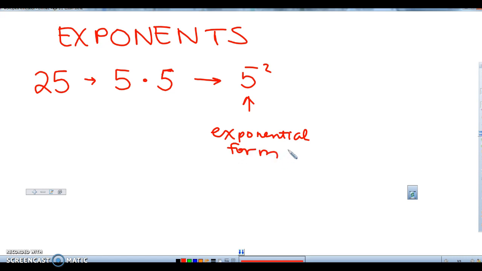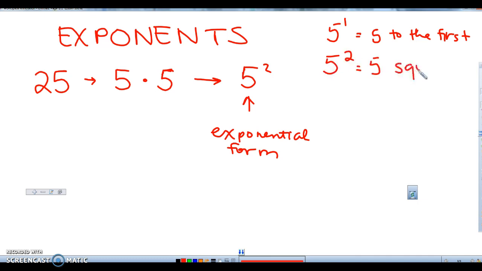So that's our first thing we need to talk about: exponential form would be 5 squared. And we can read these different ways. 5 to the power of 1 we read as 5 to the first. 5 to the power of 2 we read as 5 squared. 5 to the power of 3 we would read as 5 cubed.